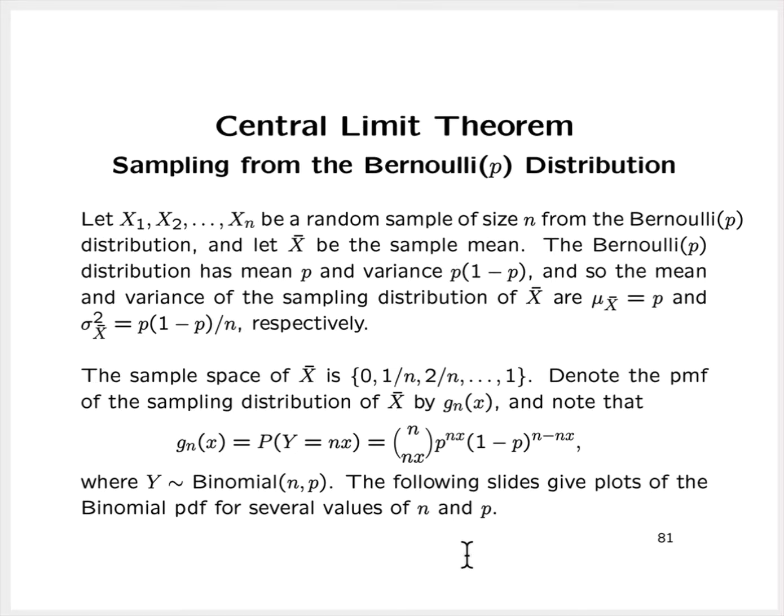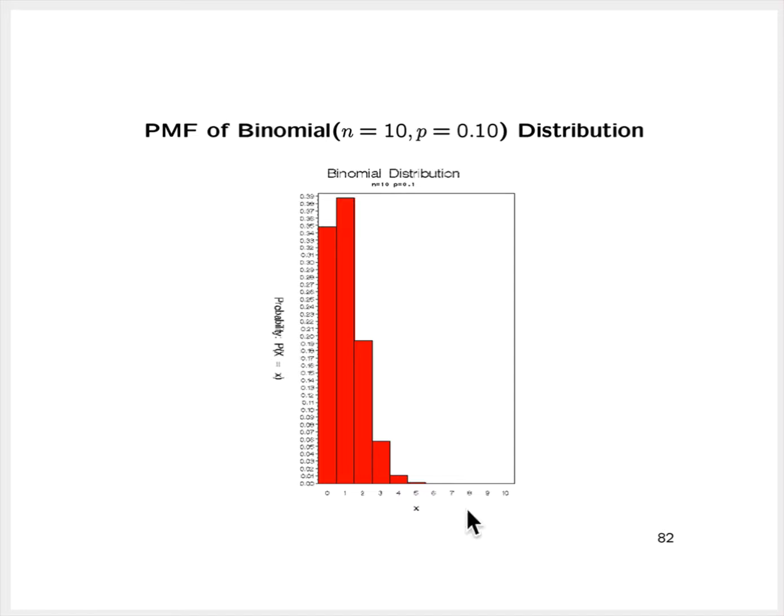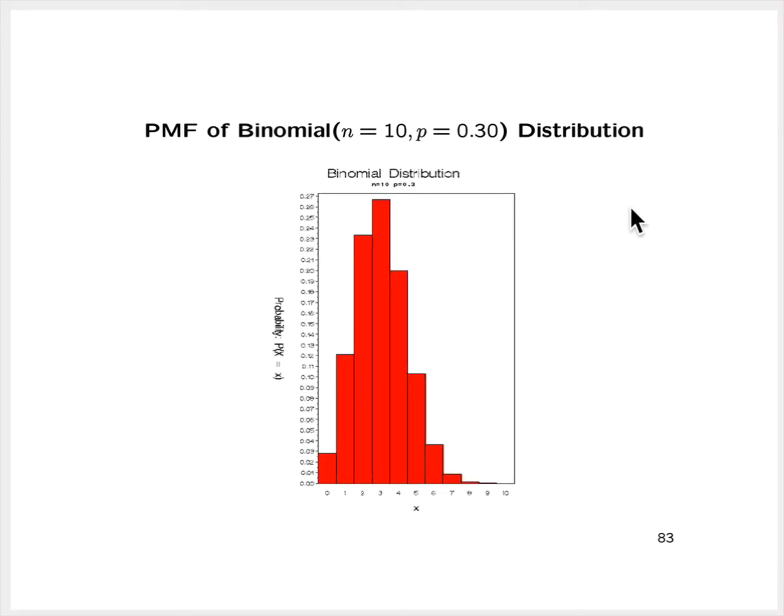Let's start off with binomial distributions with a number of trials equal to 10, and I'm going to let p vary from 0.1 up to 0.9.